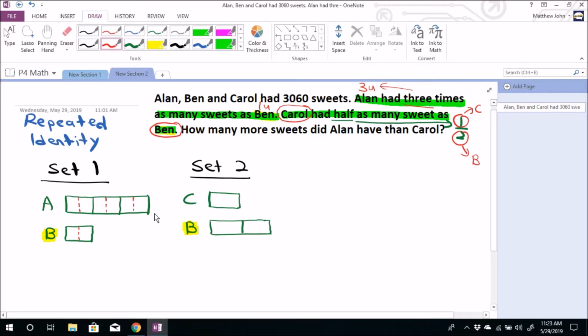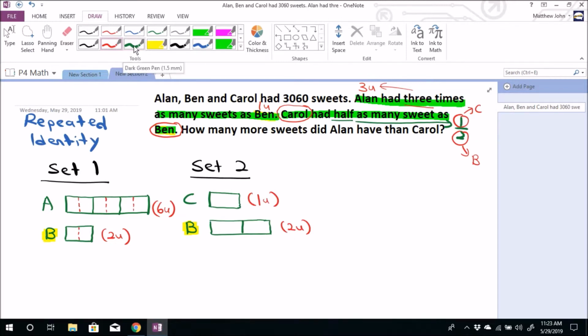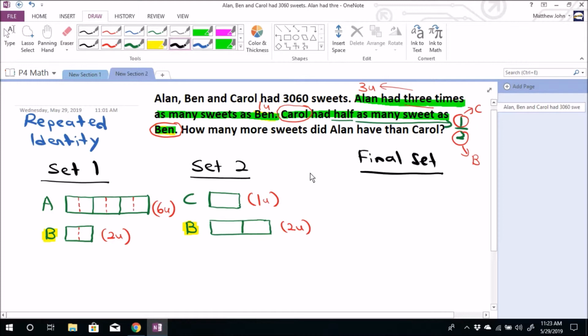Alan here is 6 units, Ben here is 2 units, Carol here is 1 unit, and Ben here is 2 units, right? And now I can draw my final set. In the final set, I'm simply combining the models for Alan, Ben, and Carol.